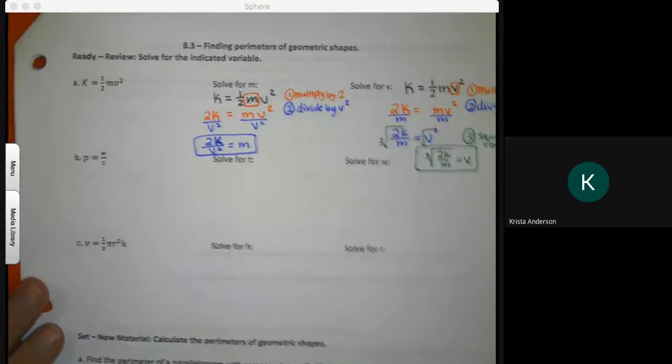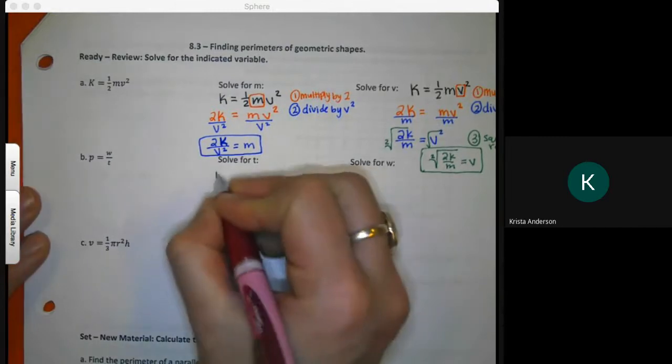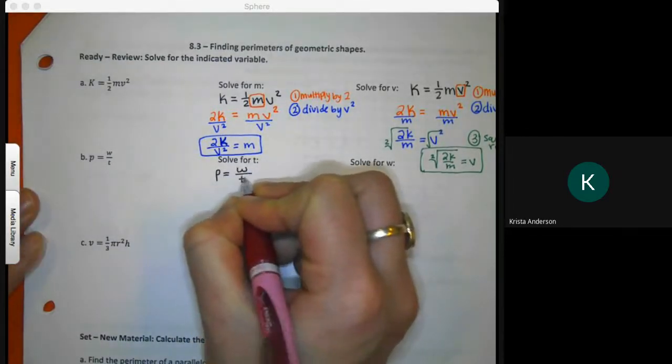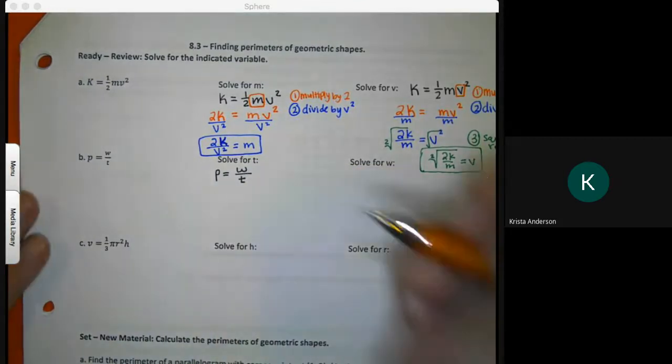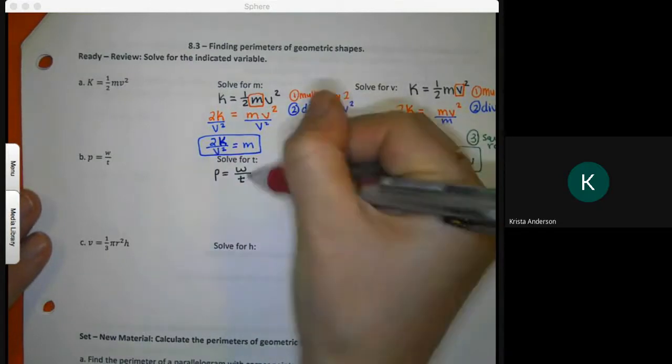Let's try question B. I'm given the equation P equals W divided by T. And I want the letter, switch up the color, I want the letter T by itself.